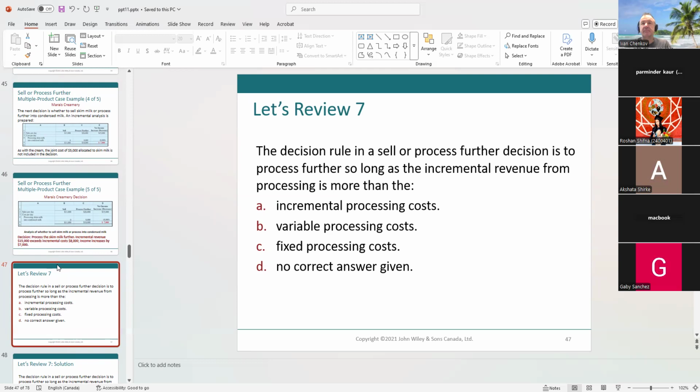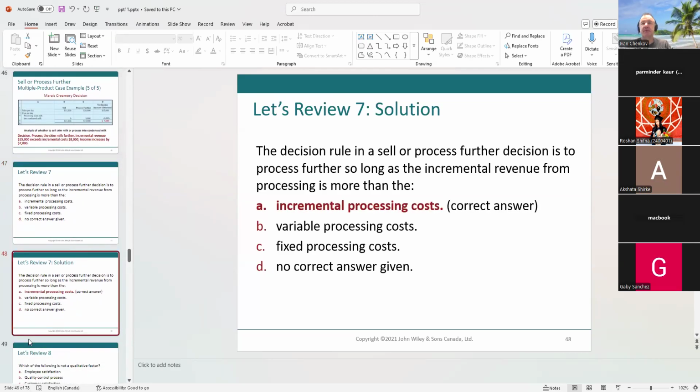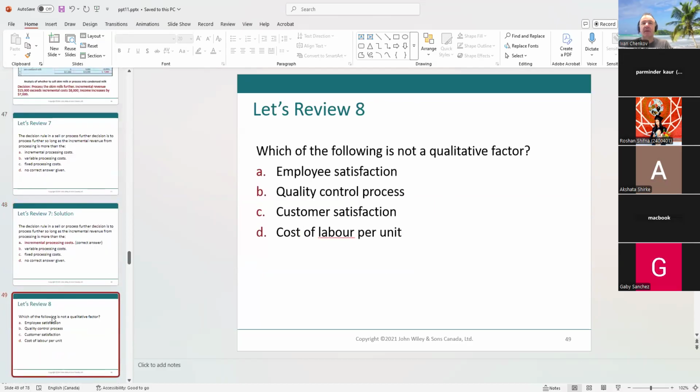A. And that should be the right answer. Yes, it is. Now let's see about this one. D. A.